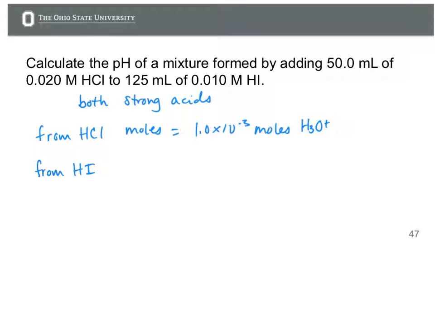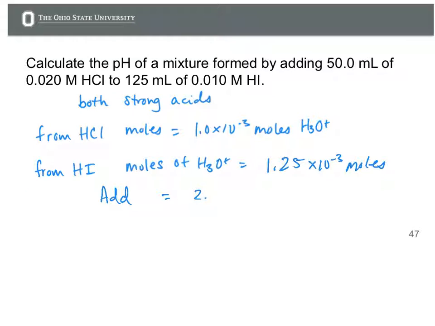If you wanted to write it all out and do the stoichiometry, you're welcome to. Moles of H3O plus from HI: again, the 0.01 moles per liter times the 0.125 liters. We're going to end up with 1.25 times 10 to the minus 3 moles. Now we can add these together, and we'll get 2.25 times 10 to the minus 3 moles in total of H3O plus.